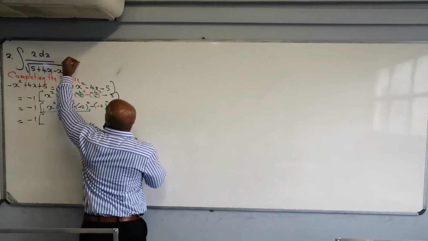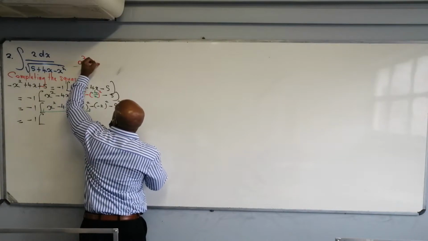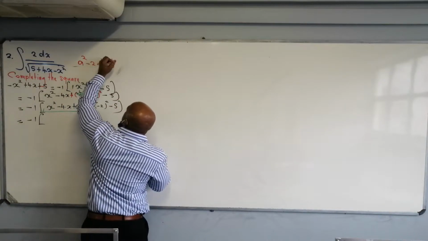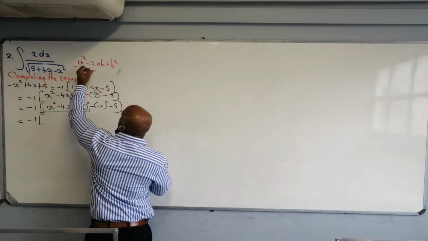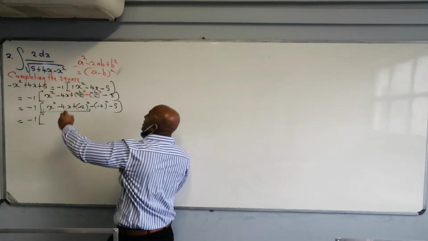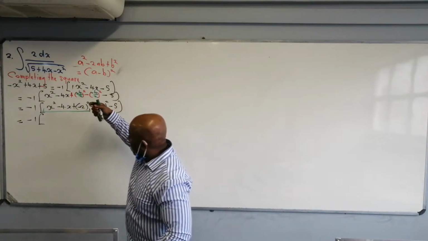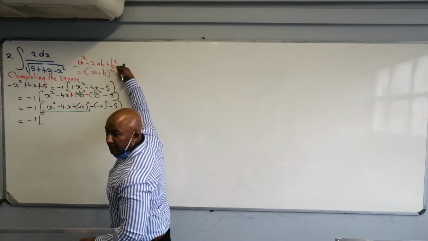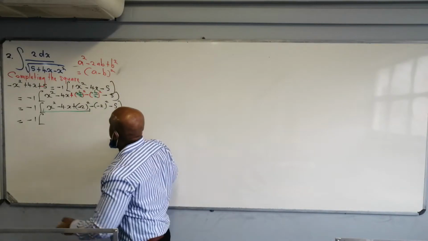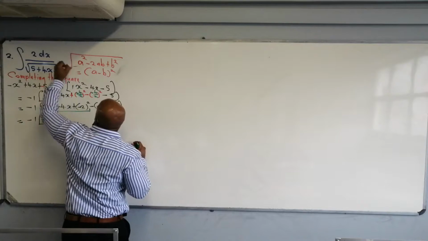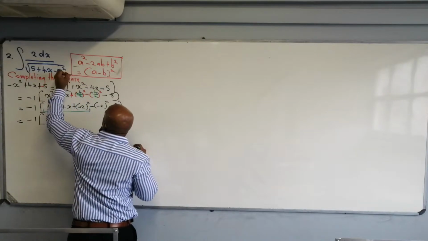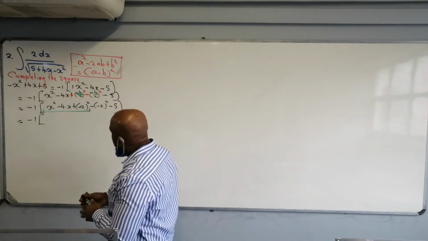So this is in the form a squared minus 2ab plus b squared, which will always be factorized like this, a minus b all squared. So this is the first line here, and we move from there to there. That's factorization. Right, so that's exactly what we need to do there.